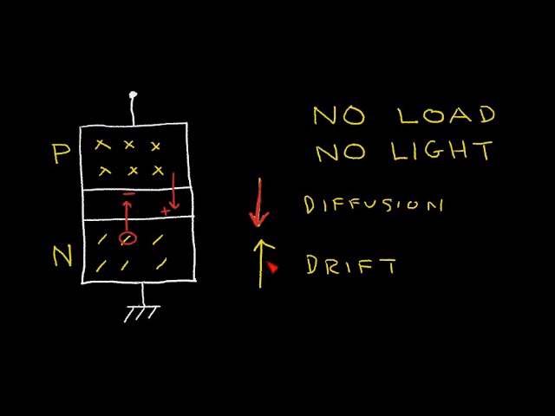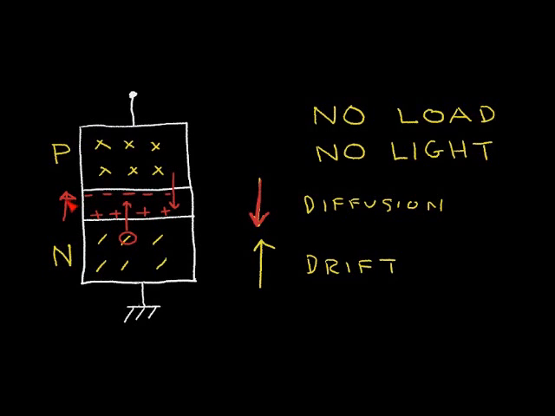But there's also a drift current. Let's consider how that could happen. As this diffusion process continues, we get positive charge at this surface and a negative charge up here at this surface. That causes an electric field that points in this direction.